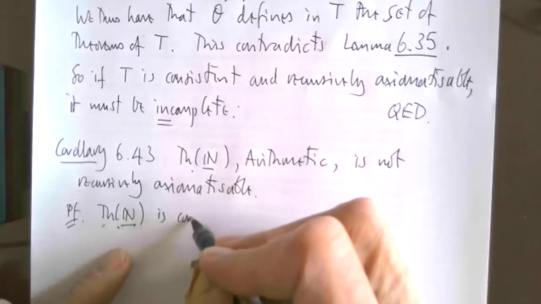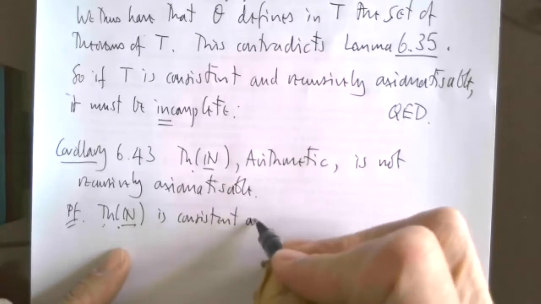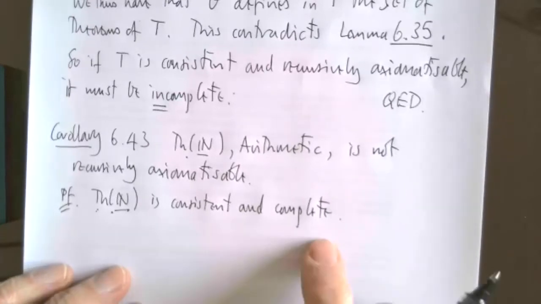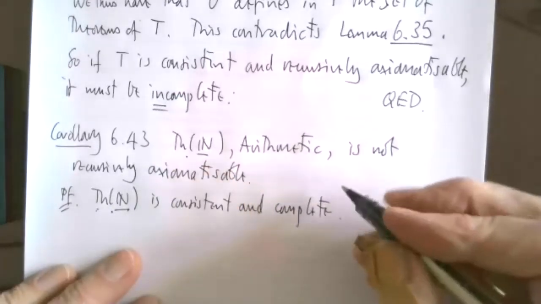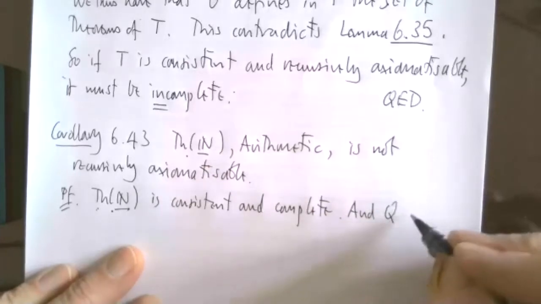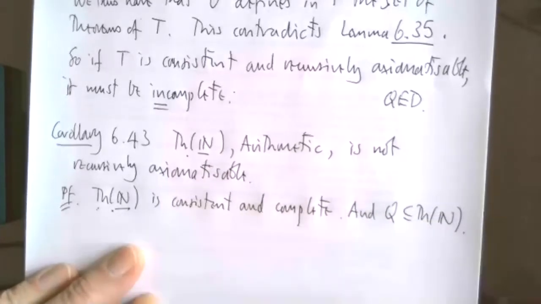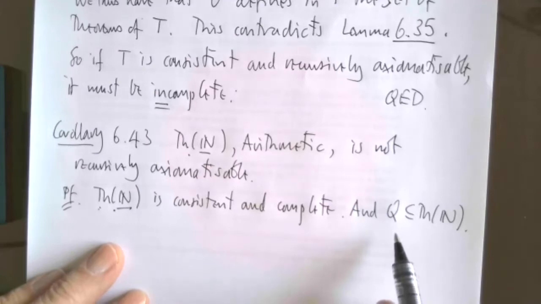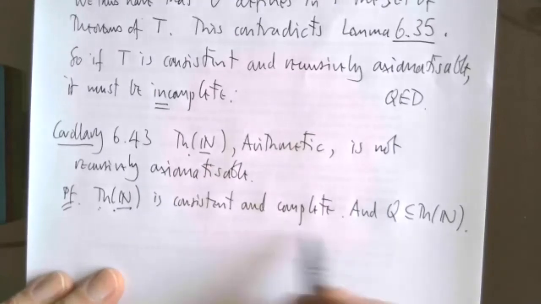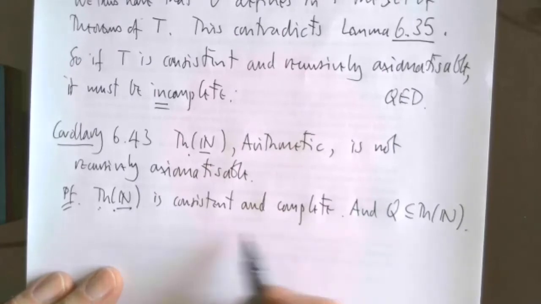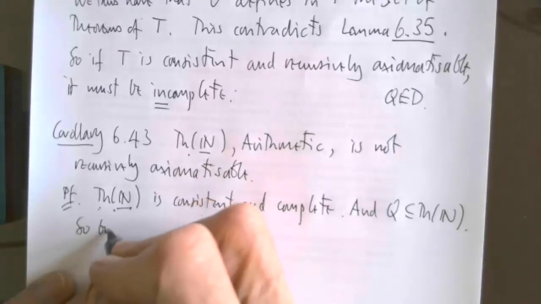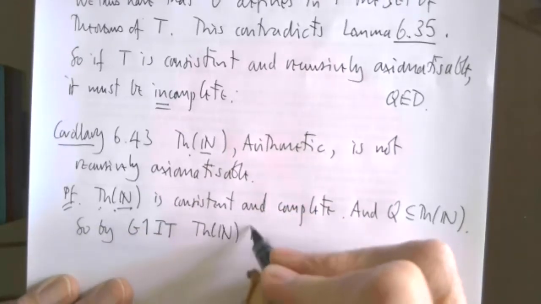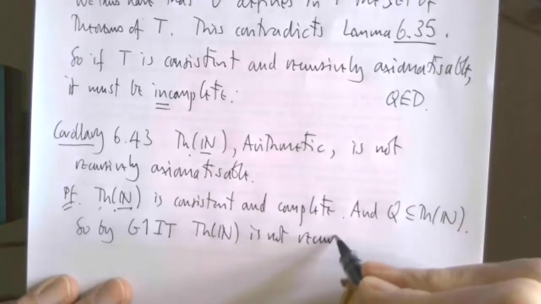So this is both consistent and complete. All the axioms of Q are true in the natural number structure. So by the first incompleteness theorem, it is not recursively axiomatizable.